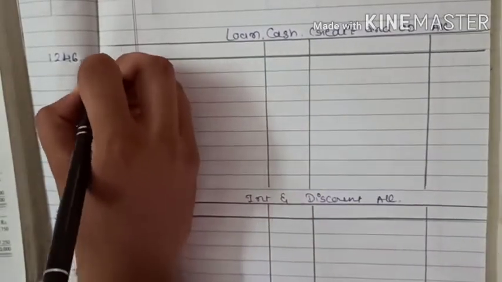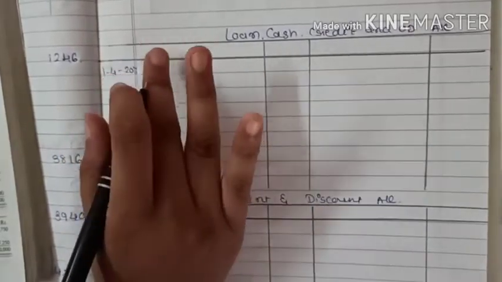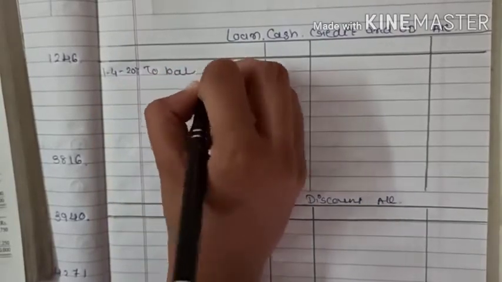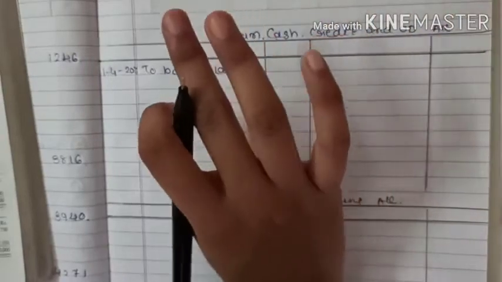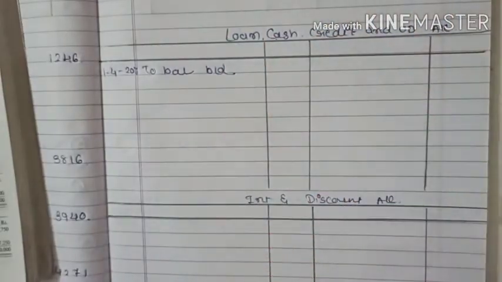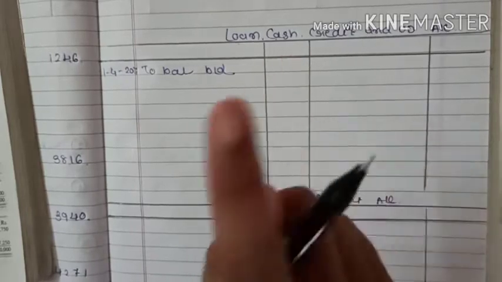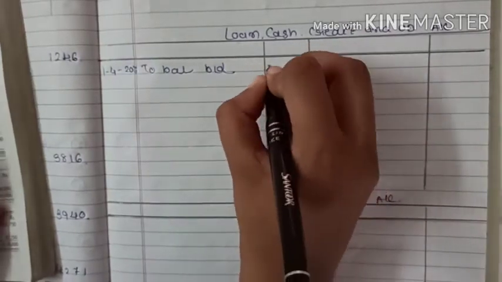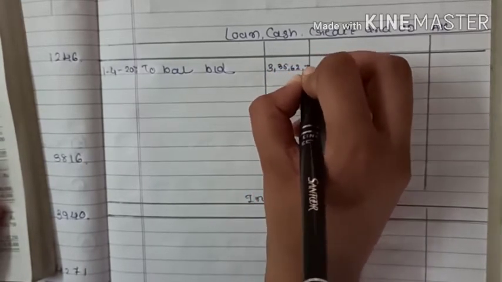So on 1/4/2011 the opening balance we are putting as balance brought down. It's an asset for the bank, so it is a debit balance. So we write down 3,35,62,750.